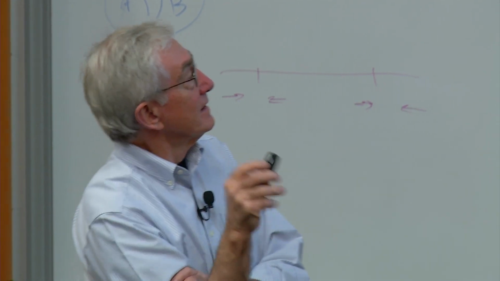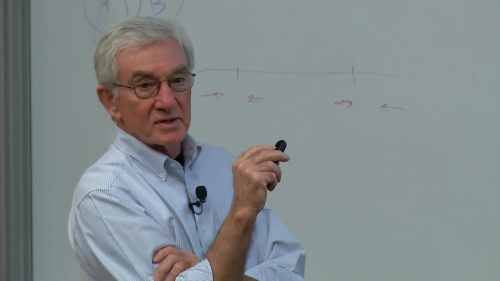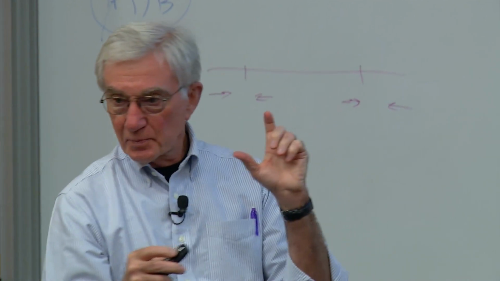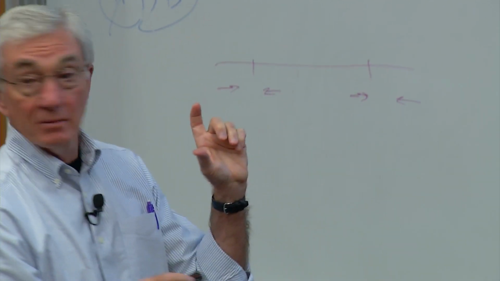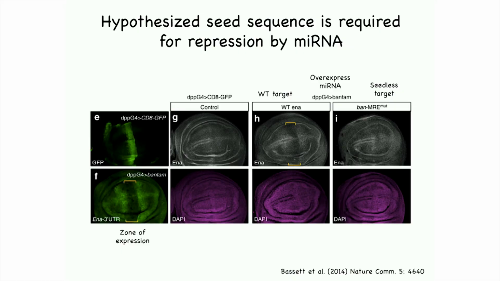And then they look to see, first of all, what's the region of expression of the microRNA. And so they hook up the microRNA promoter to GFP and say, okay, here it is. And if we have a broadly expressed GFP under control of the target gene, and also express the Bantam microRNA, then we see repression in this zone.